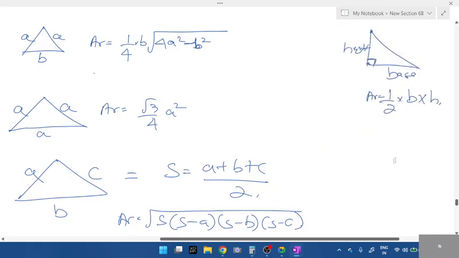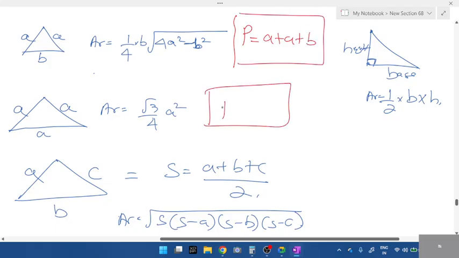Fine. What about semi-perimeter, students? Tell me the semi-perimeter. Just look at this and tell. I mean, not semi-perimeter, what is the perimeter formula? You have to add a plus a plus b. And what is the perimeter? Just add all three.